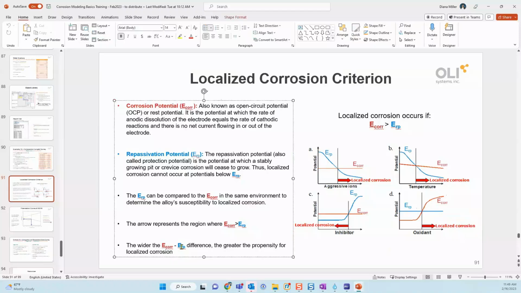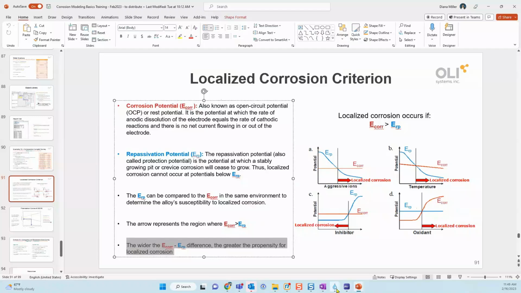Another important piece that I would like to talk about is that the wider the difference between the corrosion potential that we predict and the repassivation potential that we predict, the greater the propensity for localized corrosion.